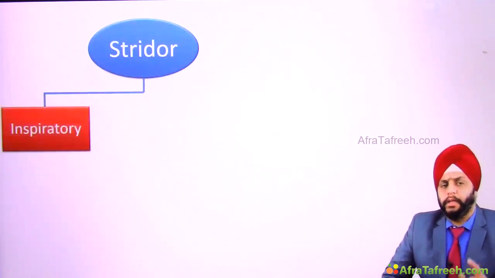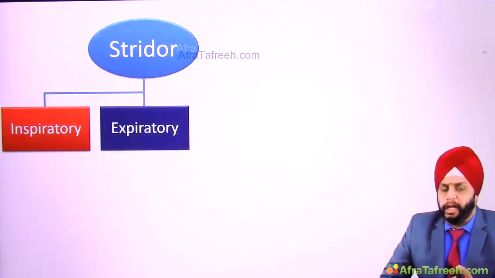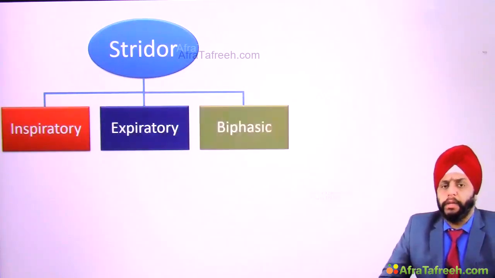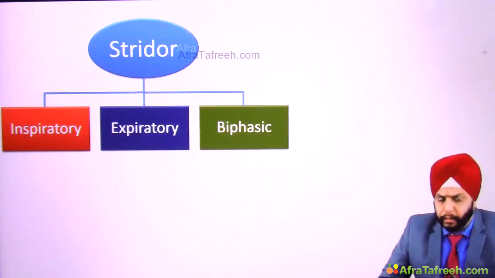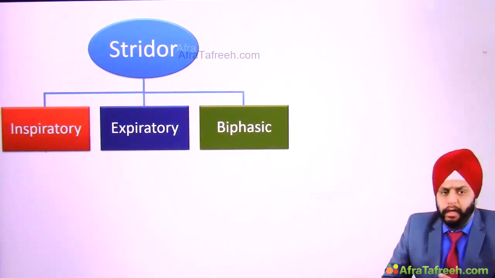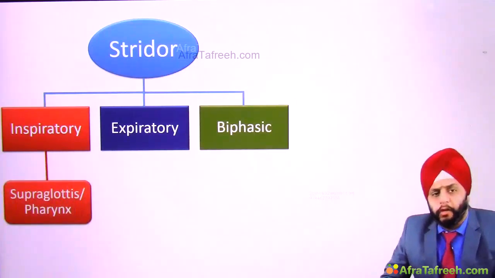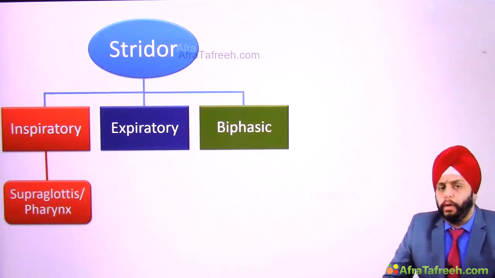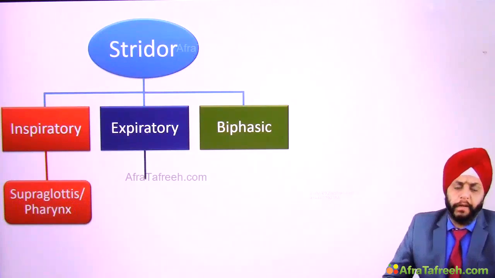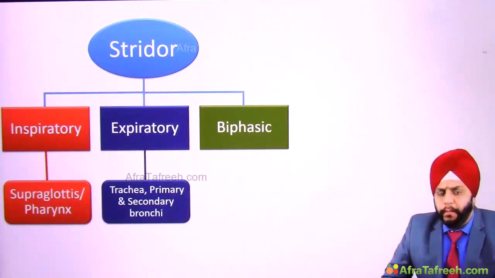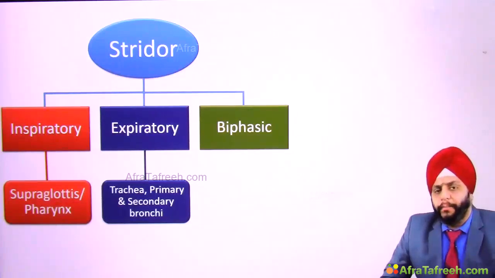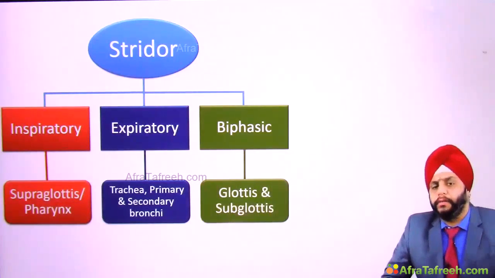Okay, so therefore, we can divide stridor into three types. What are the three types? It can be inspiratory, it can be expiratory, or it can be biphasic. Inspiratory stridor is seen in a lesion of supraglottis or in pharynx. Expiratory stridor is seen in trachea, primary and secondary bronchi, whereas a biphasic stridor is seen in glottis and subglottis.